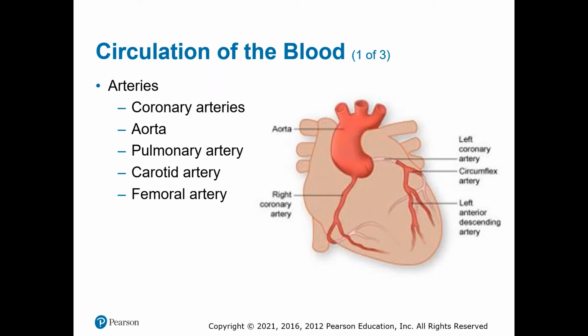From the dump, it goes back into the capillaries to the venules, which are your out driveway, and then your veins, and then your superior vena cava and inferior vena cava bring it back to the heart, back to the trash dump, to get pushed out of the body.